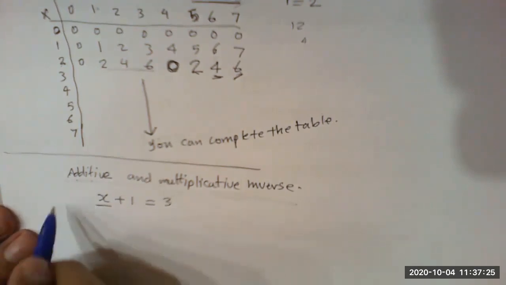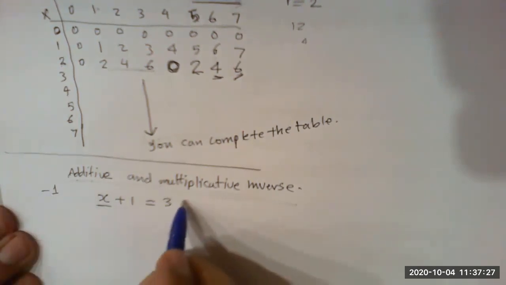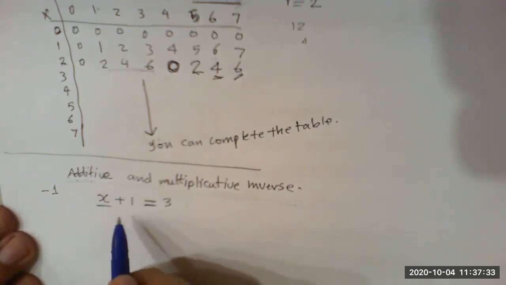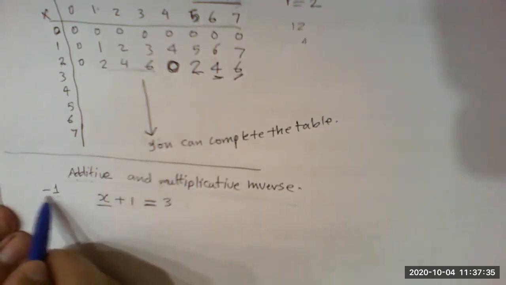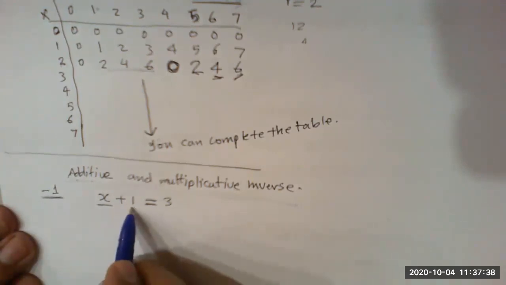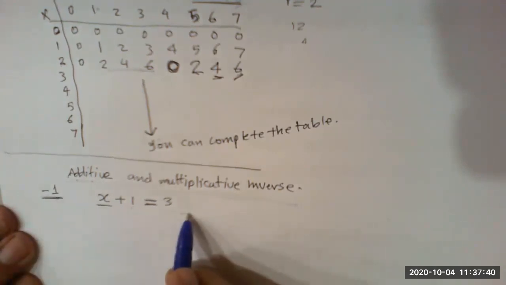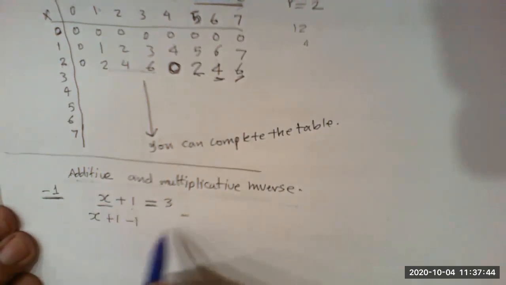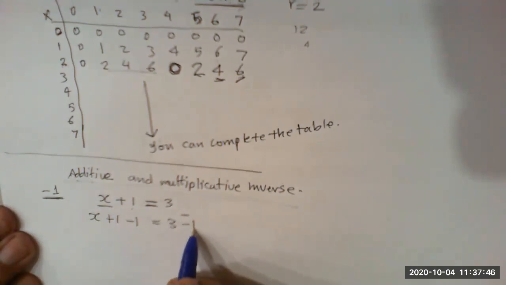Just add -1 to the two sides, right-hand side and left-hand side. So if I add -1 here, and I add -1 here, this is going to give me x plus 1 minus 1 equal 3 minus 1.